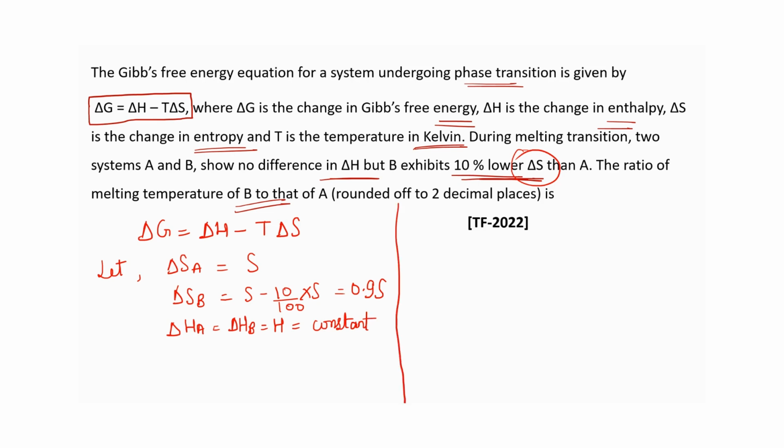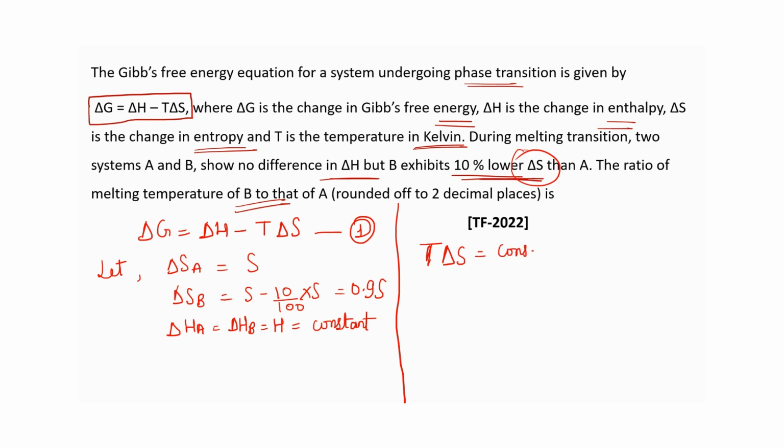Now from equation 1, if we take delta G and delta H as constant, then T delta S is constant.